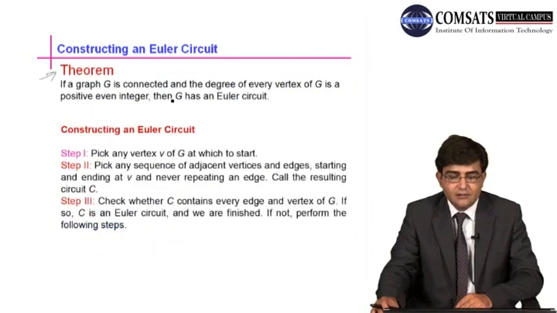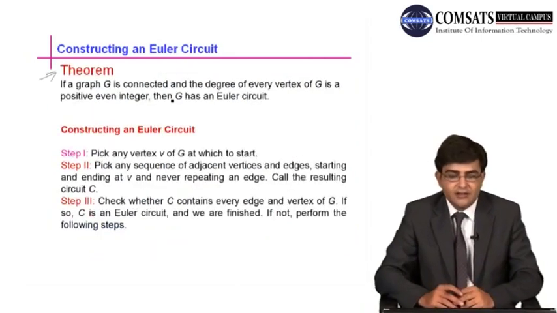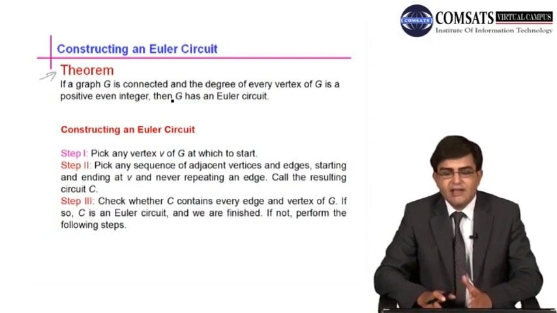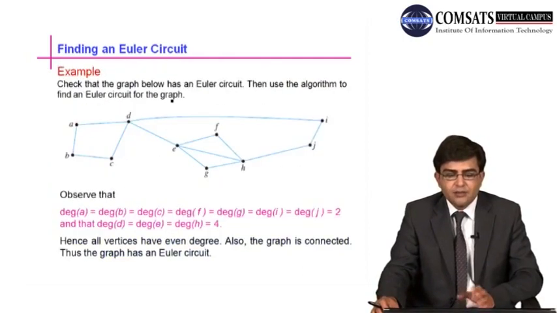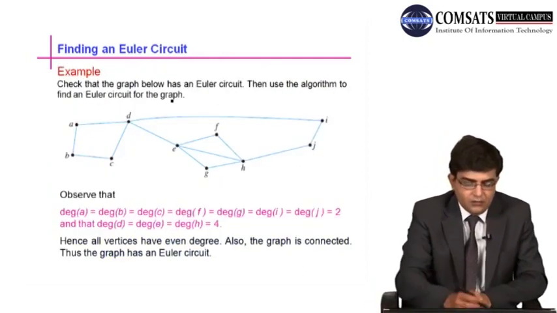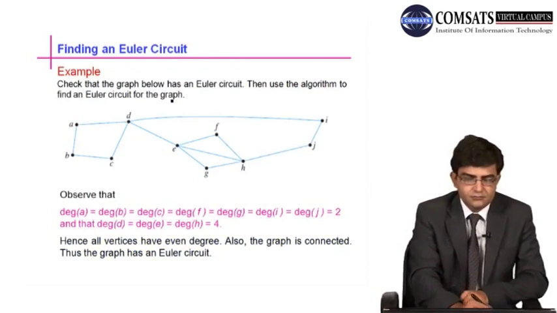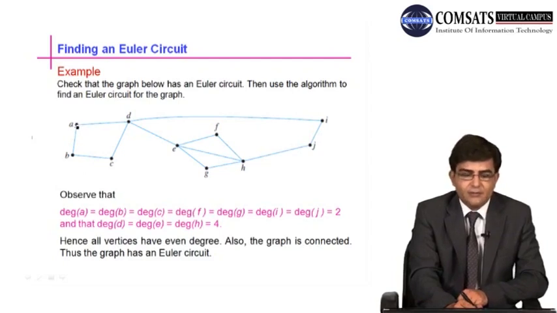Now what is the first step we have done already? Pick any vertex of G at which we have to start. So we have chosen A. Now second step, pick any sequence of adjacent vertices and edges starting and ending at A and never repeating an edge. Call the resulting circuit C. So in this graph we have chosen A. Now we construct a circuit that starts from A. So we construct a circuit like this.